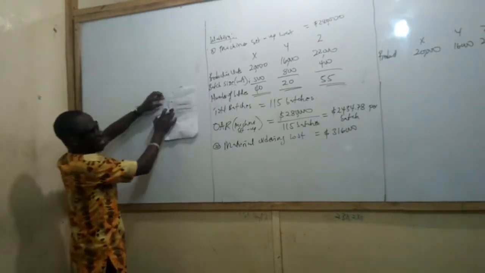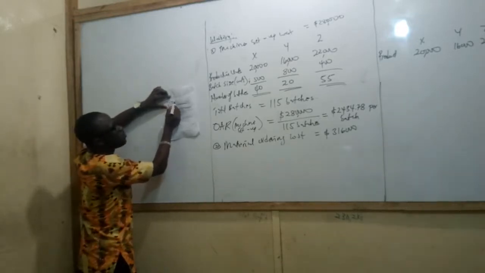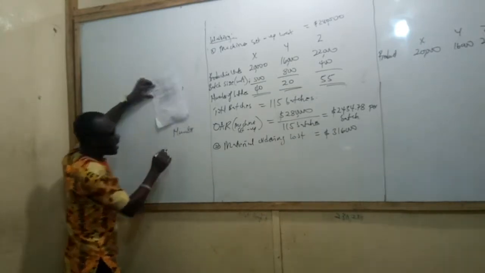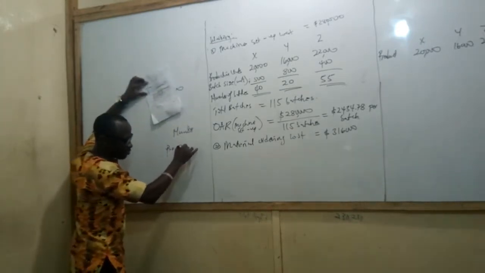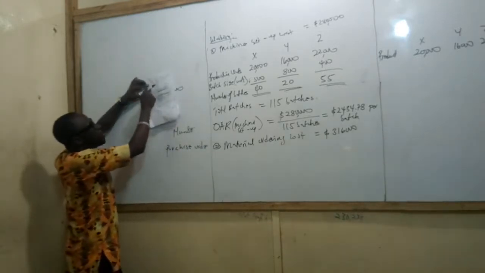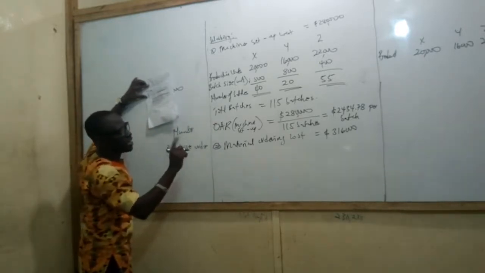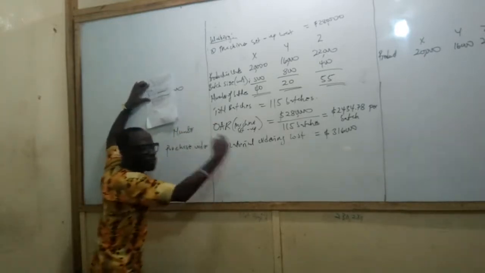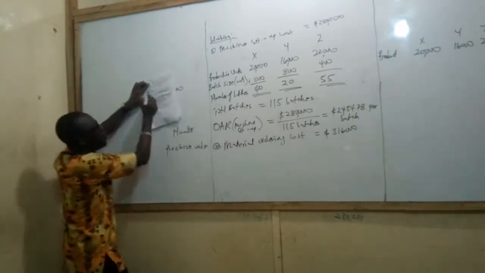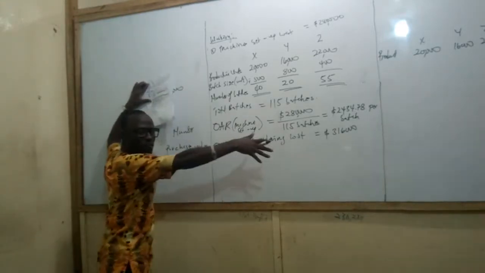So we go back and find out the number of purchase orders per batch. I want you to pay close attention to this. We are not given the purchase orders. Rather, we are given the number of purchase orders per batch. What does that mean? It means if we want the number of purchase orders, we need to take the number of batches and look at the purchase orders per batch, multiply that, then we'll get the number of purchase orders.